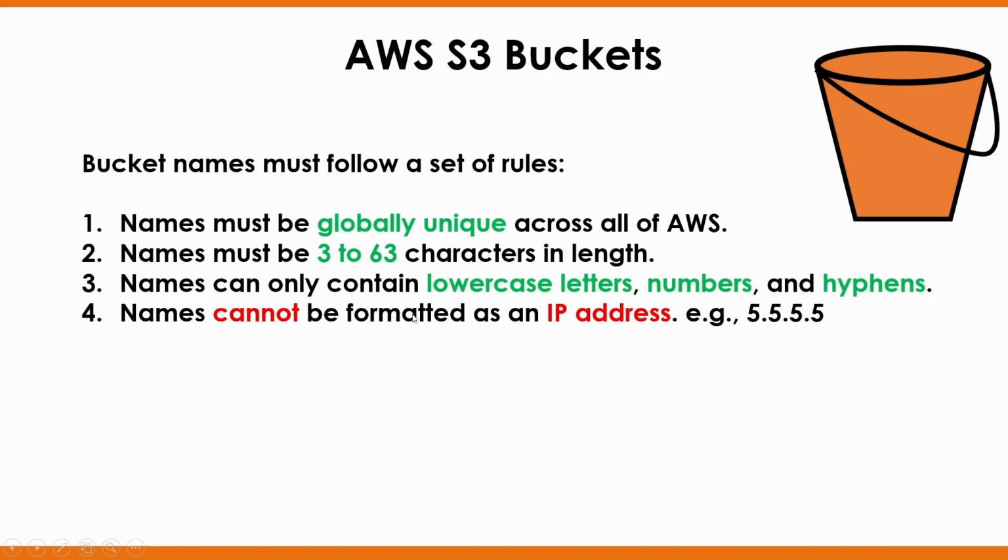The name can contain lowercase letters, numbers and hyphens. We cannot use other special characters here. Bucket names cannot be formatted as an IP address, for example 5.5.5.5 or 1.1.1.1. Make sure that you remember these 4 points when you're creating a bucket. We'll see that in a practical, don't worry, we'll create a bucket.